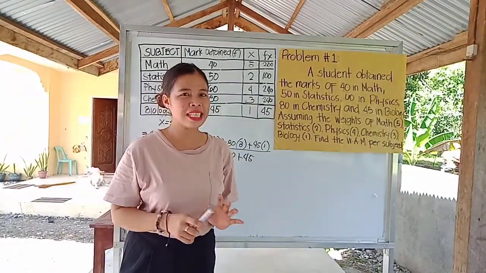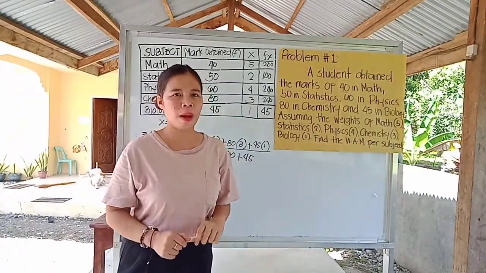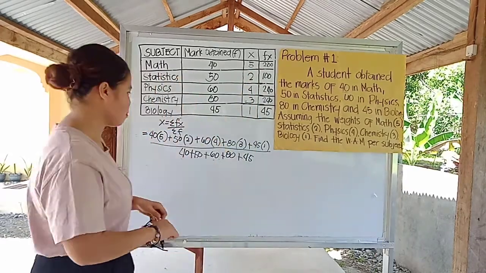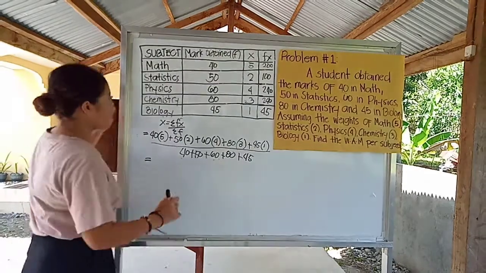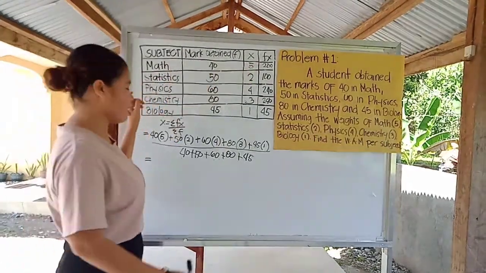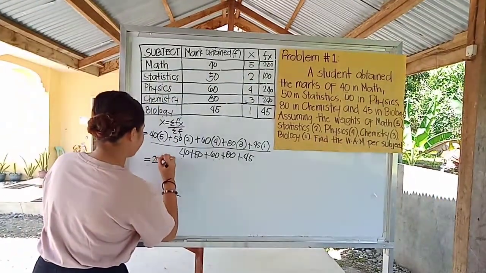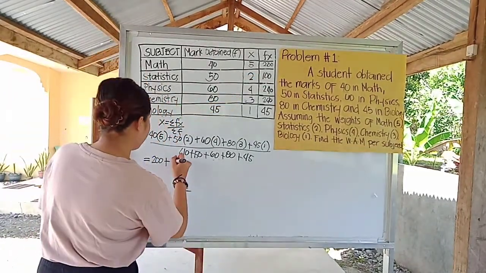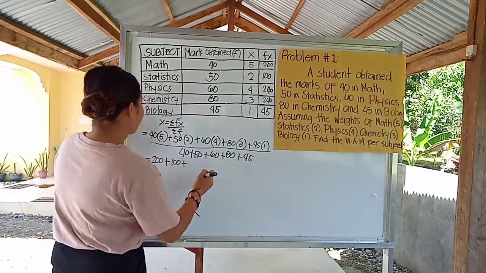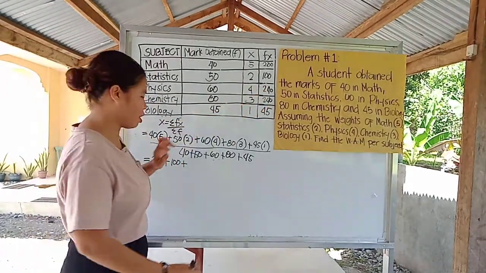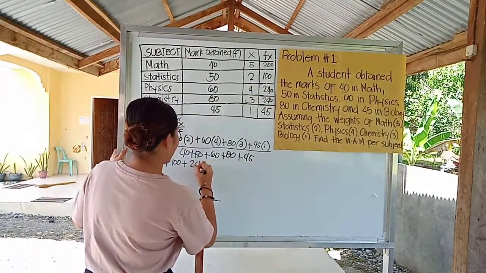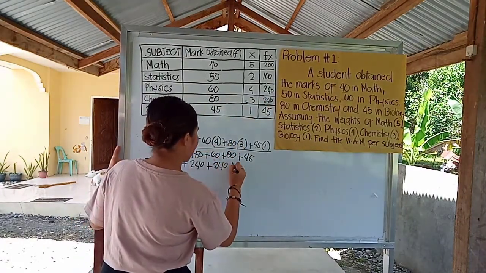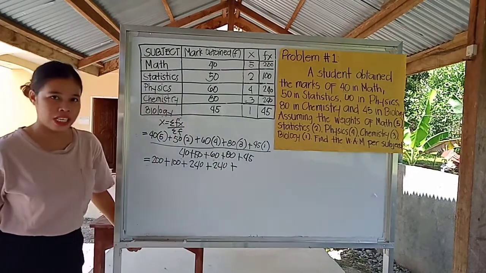So our next step is we are going to copy all the fx here, or the sum of products. So the fx of math is 200, plus the fx of statistics is 100, the fx of physics is 240, while the fx of chemistry is 240, and the fx of biology is 45.